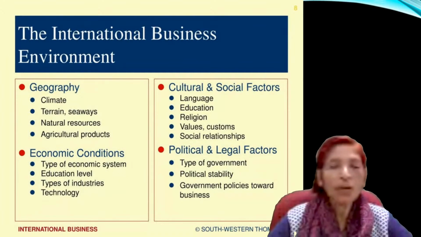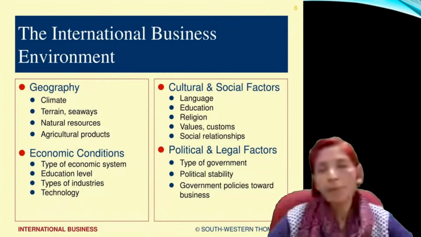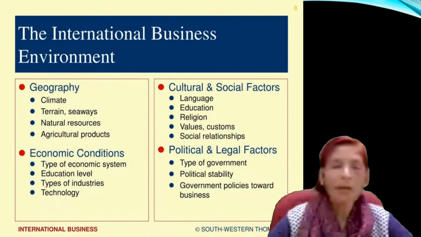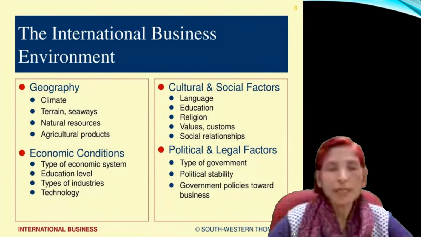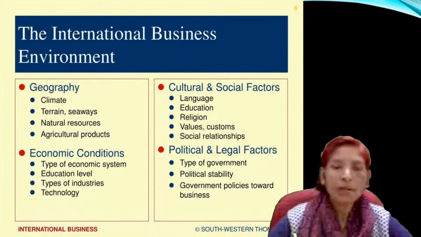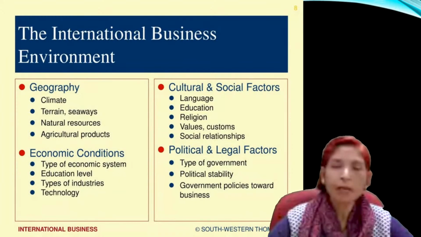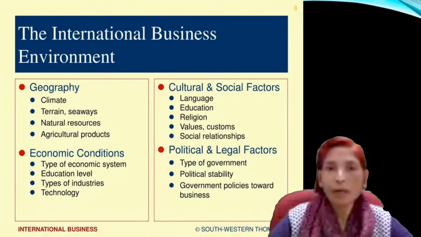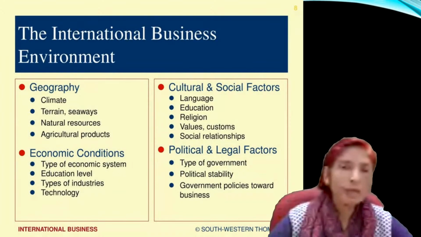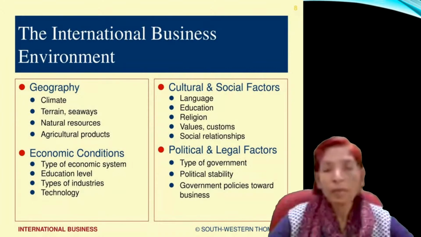In a mixed economic system, there is a coexistence of the private sector and public sector, or capitalistic and socialistic economic systems. Next, in the economic environment, we include education level, which also affects international business enterprises.